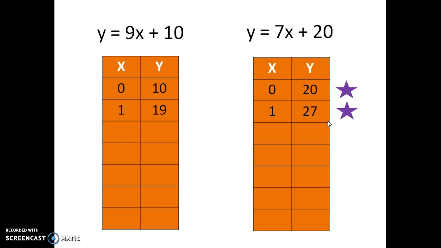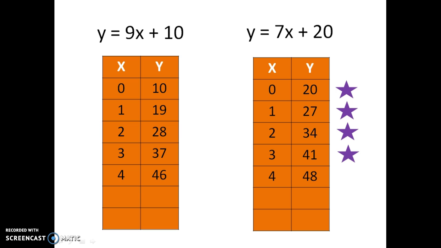The second equation is still better. With an input of 2, we get outputs of 28 and 34. The second is still better. With an input of 3, we get outputs of 37 and 41. Again, the second equation is still better.